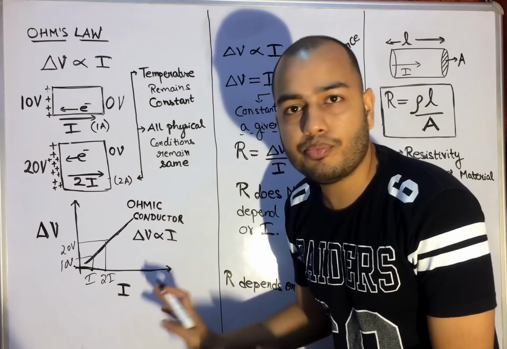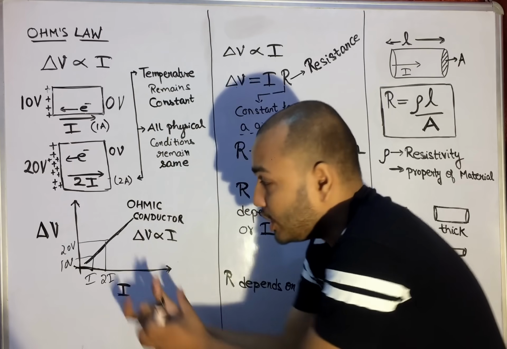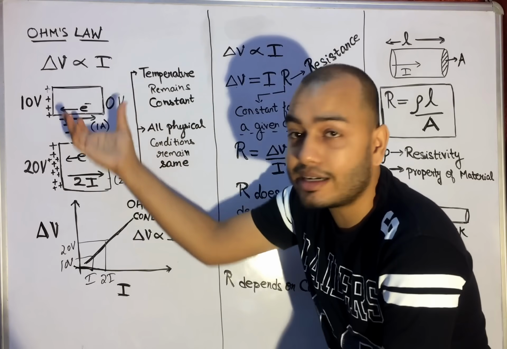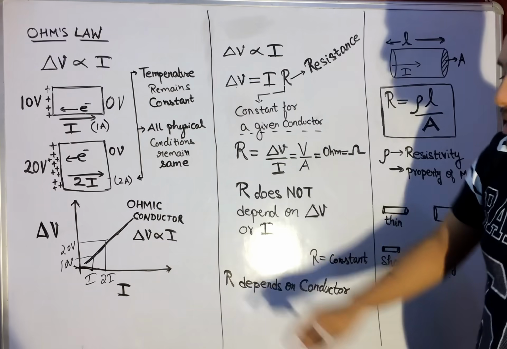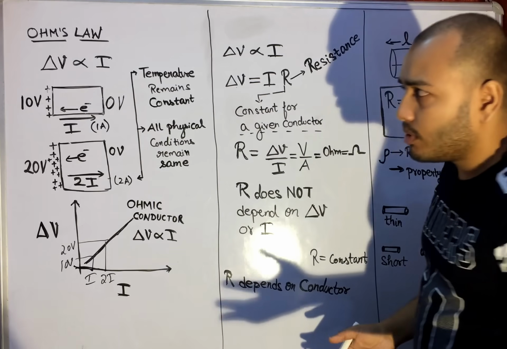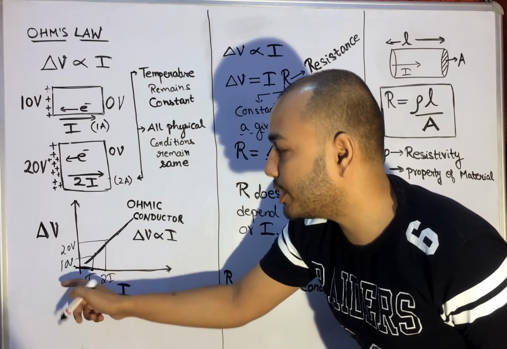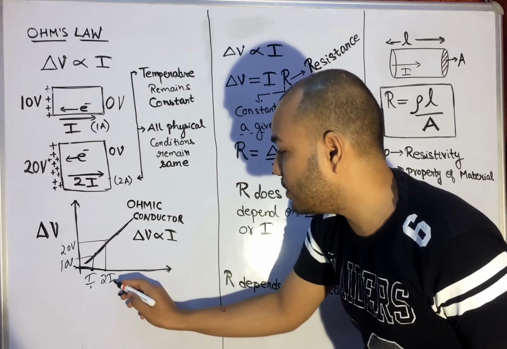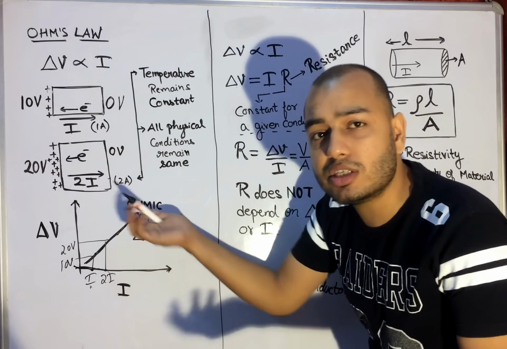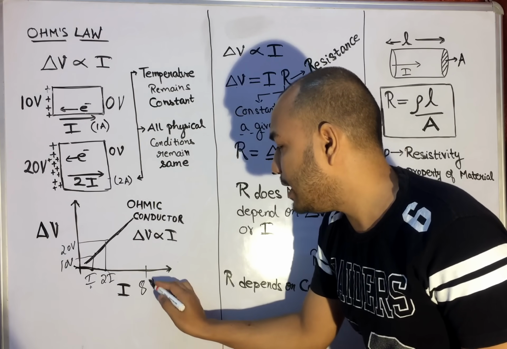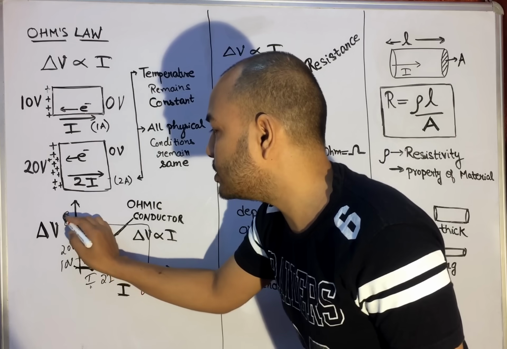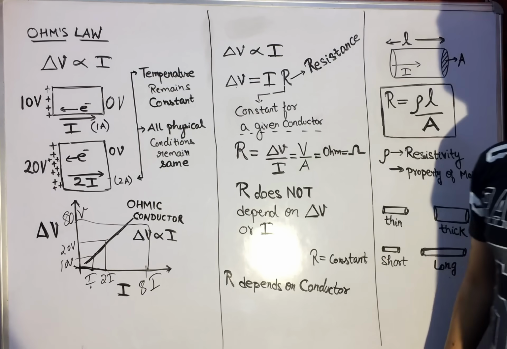See, this is a graph. Delta V versus I. Potential difference versus current for this conductor. This graph is a straight line. It is obvious because they are directly proportional. If the current is I, potential difference is 10 volt. If the current is 2I, potential difference is 20 volt. If the current is 8I, potential difference will be 80 volt.